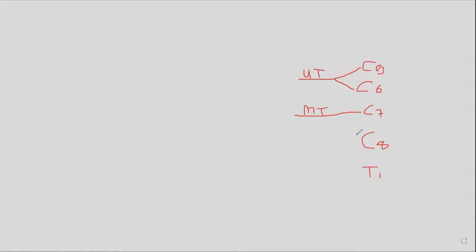The root of C8 joins the root of T1 to form the lower trunk. So you have three trunks. We started with the roots, and then we've gone to the trunks.